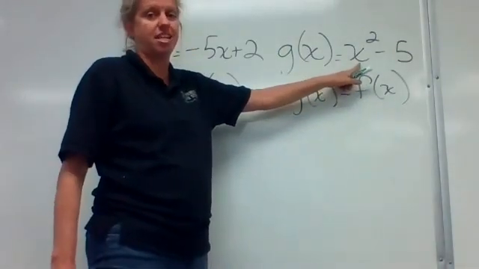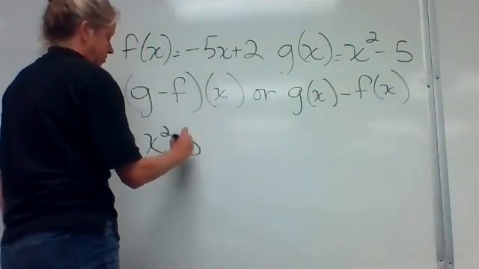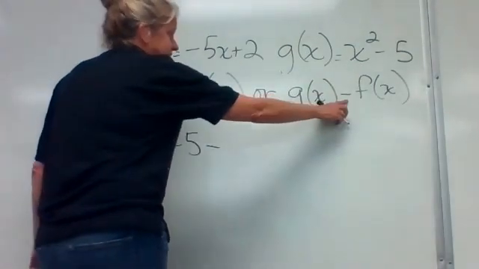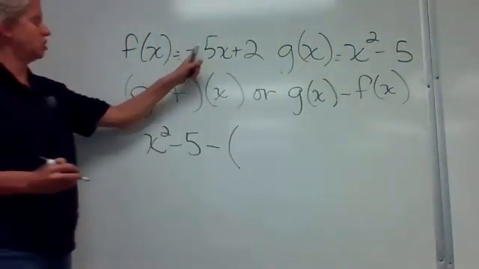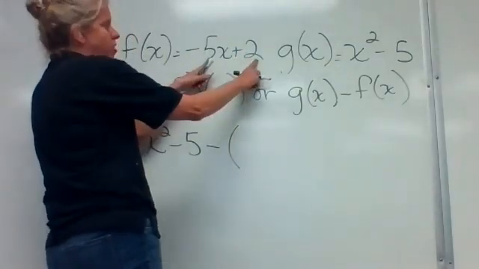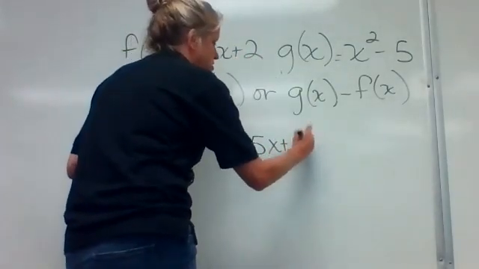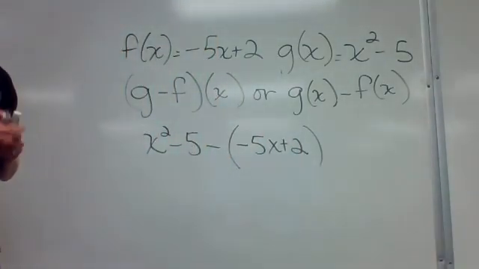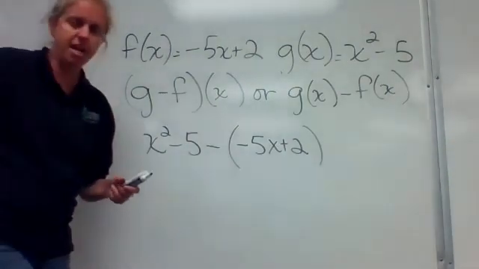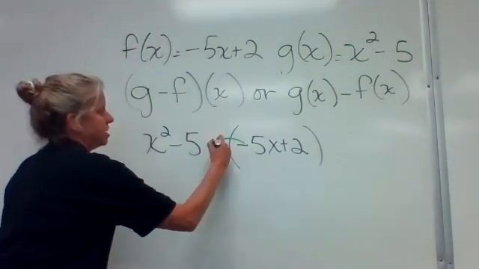So my g function is the x squared minus 5. And if I'm subtracting, I want to subtract the whole f function. So minus, then I'm going to open the parentheses and put in the parentheses negative 5x plus 2. Again, I've got that negative touching a parenthesis, so I've got to distribute it through before I clean this up.